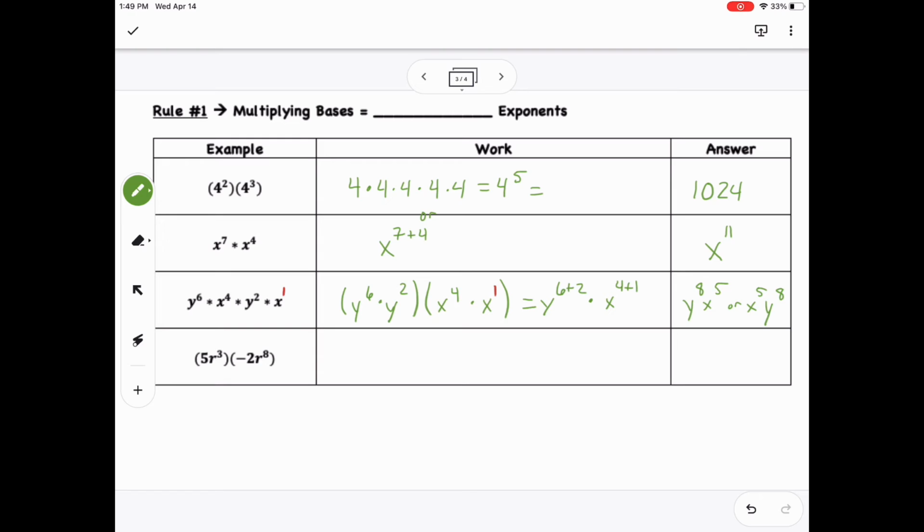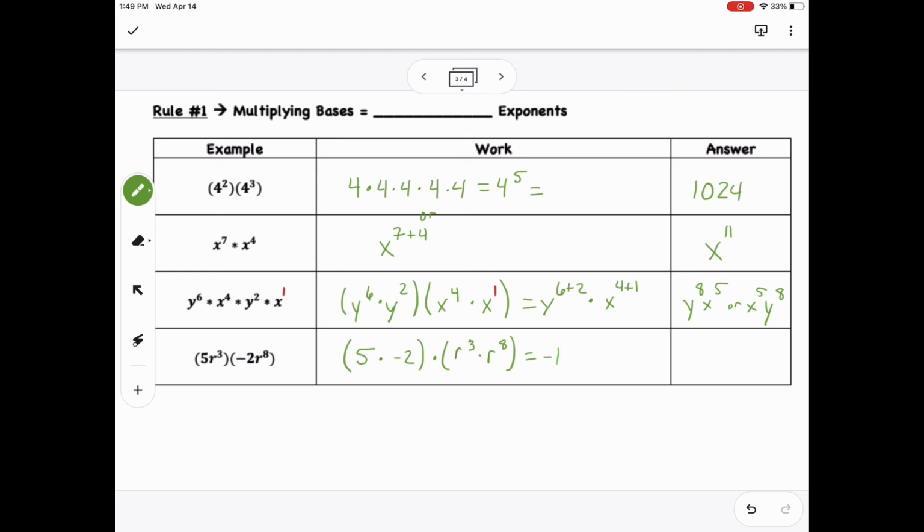And you can write them in different forms. You can write y to the 8th times x to the 5th, or x to the 5th times y to the 8th. Just know that usually we will write these in alphabetical order, because that's proper math form.